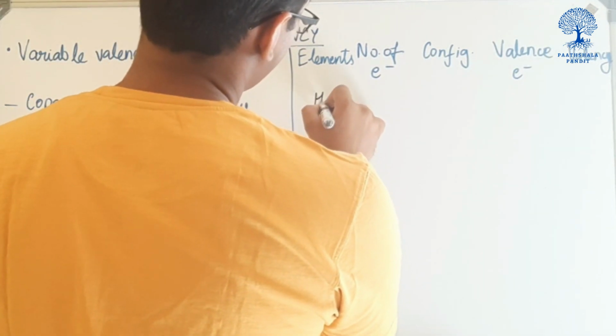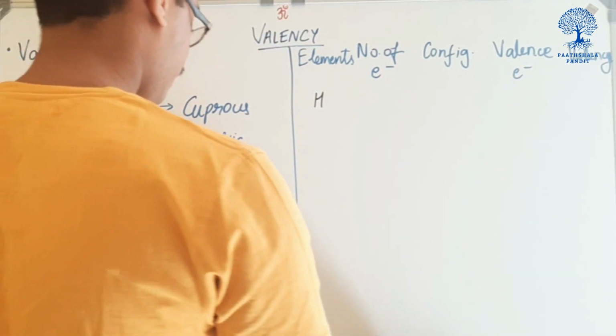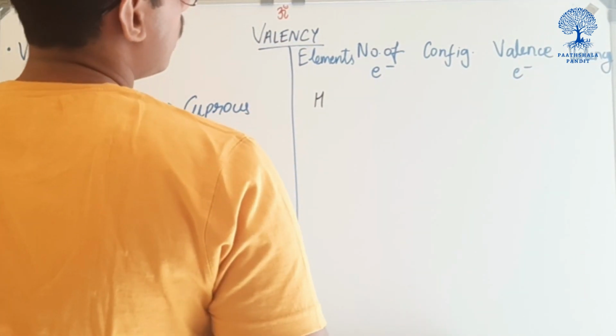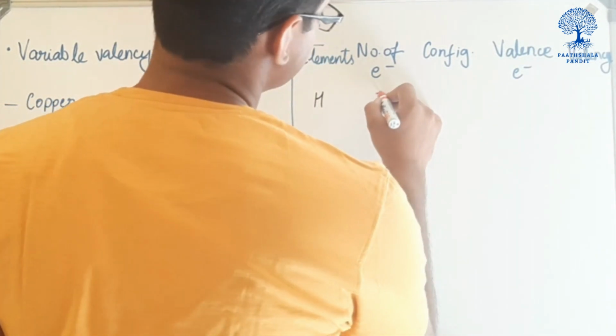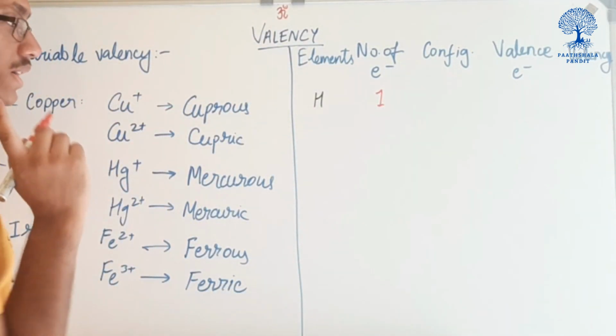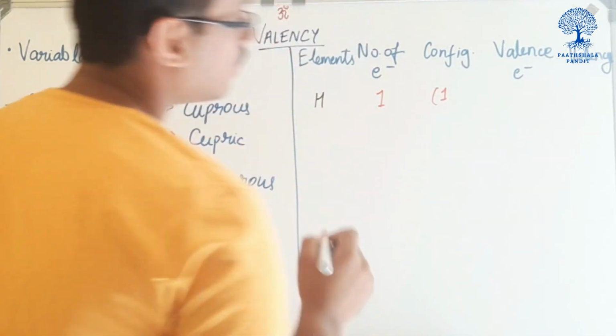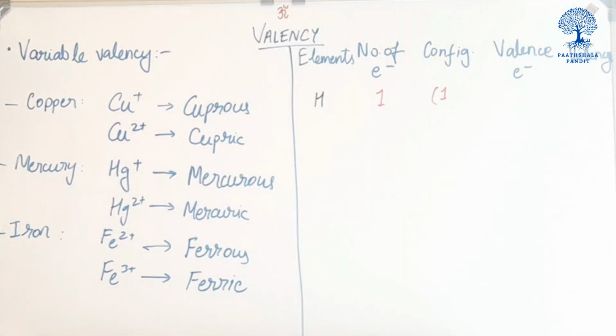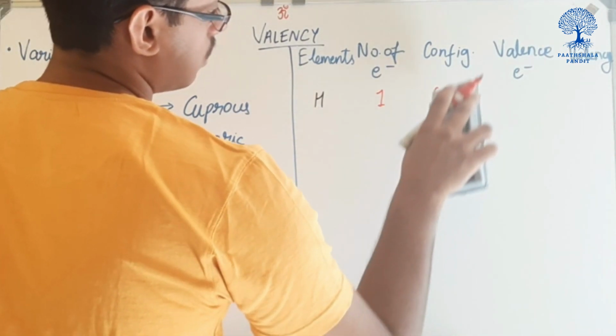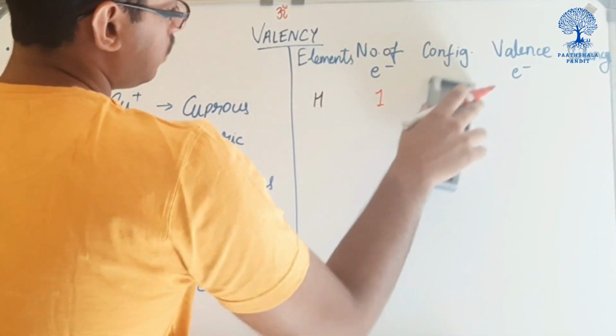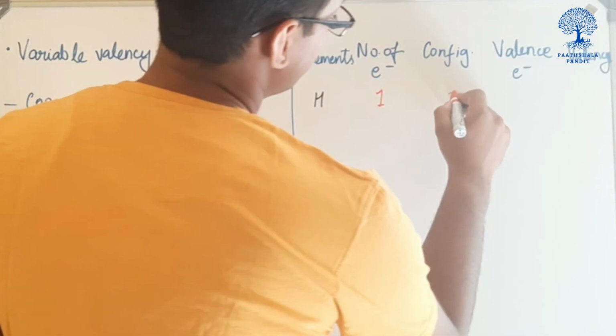Element is hydrogen. The number of electrons it has is 1. Hydrogen has only 1 electron. What will be the configuration? It will be 1 only. Just remember it, it will be 1.